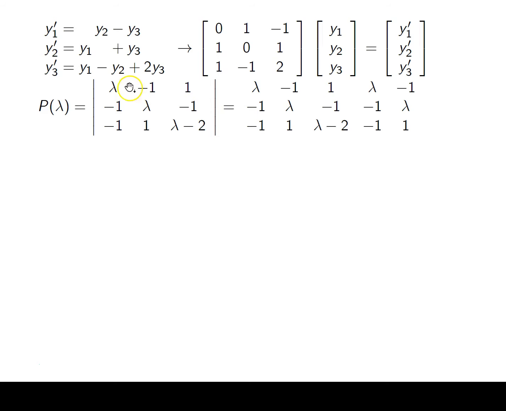So remember, it's lambda I minus A. So the lambdas are here, and then I'm subtracting my A matrix. So all of these things that are not on the diagonal change signs, and if this is a plus, it turns into a minus 2, and the lambdas are on the diagonal. Okay, so when I go through, remember I go this way and multiply.